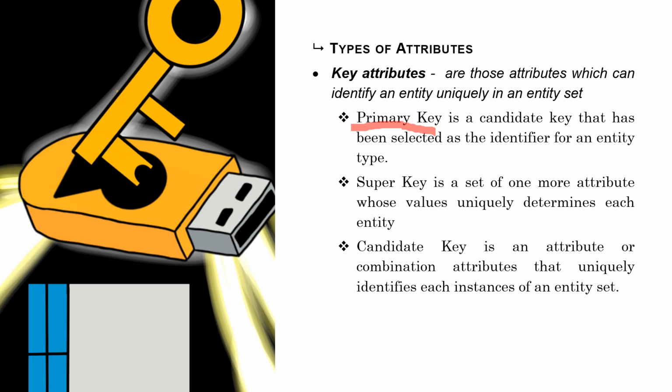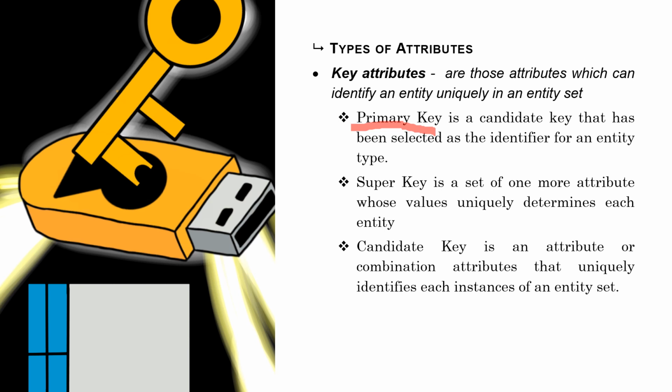So, meaning this uniquely identifies the records in a given table. The primary key values may not be null. It is also called the identifier. Example, we have the employee number.